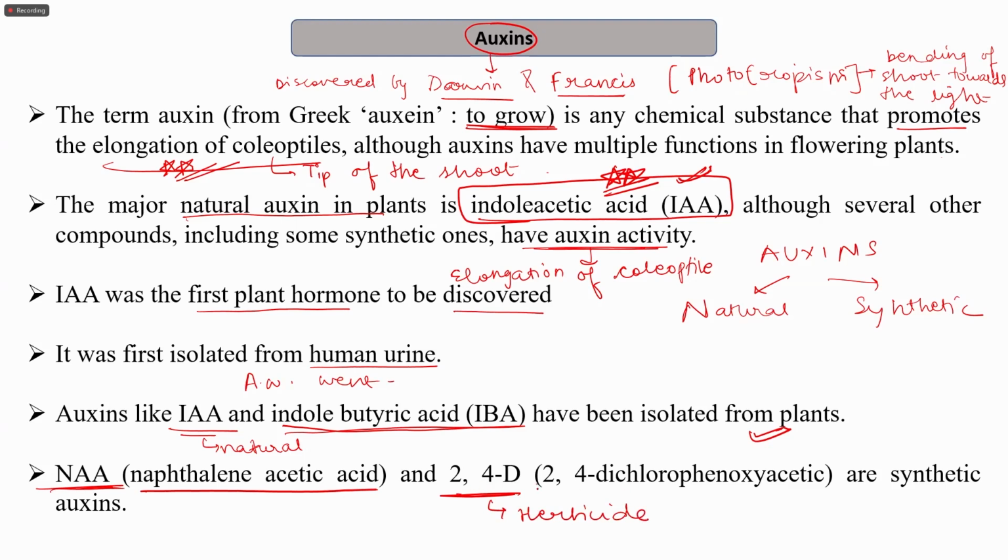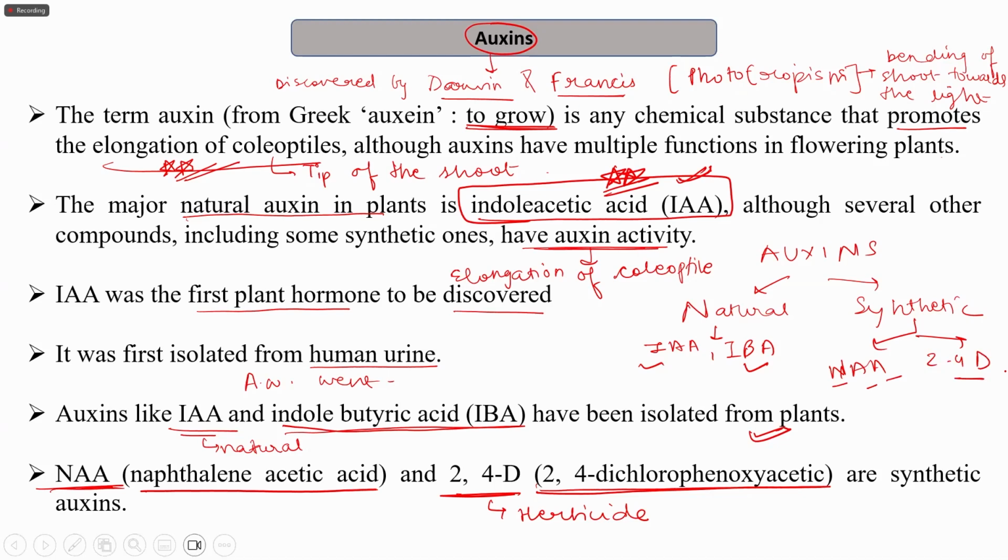This 2,4-D is 2,4-dichlorophenoxyacetic acid. So they are the synthesized auxins. Natural ones include indole acetic acid and indole butyric acid, IAA, IBA, and the synthetic ones include NAA, the naphthalene acetic acid, and 2,4-D, 2,4-dichlorophenoxyacetic acid.